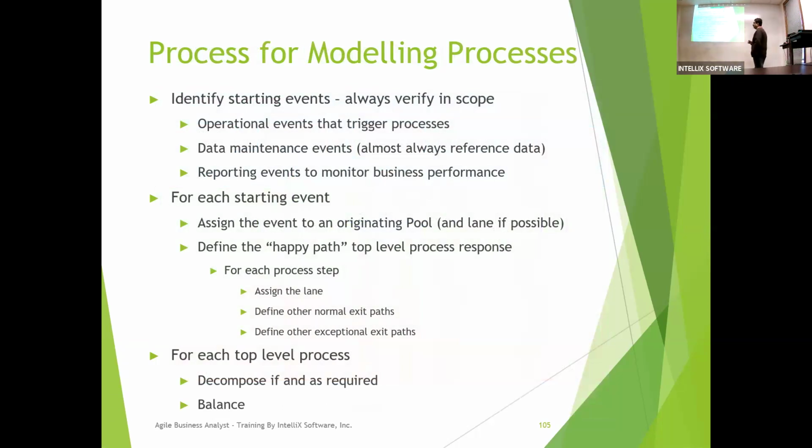Okay. And then when you do a happy path, you need to make sure which lane it belongs in. What is the next step? What is the normal and exception path? So the normal path is when it's approved and goes to the next step. The exception path is when it gets disapproved, what step does it go to?